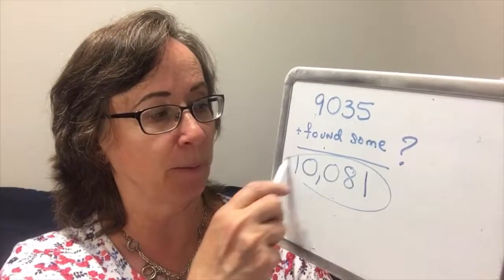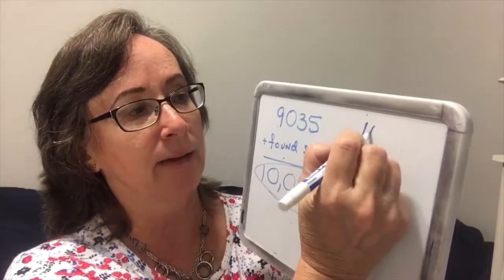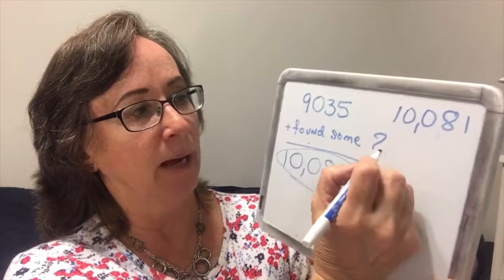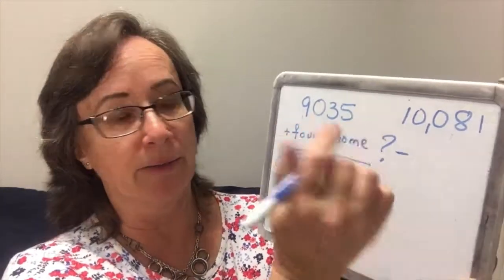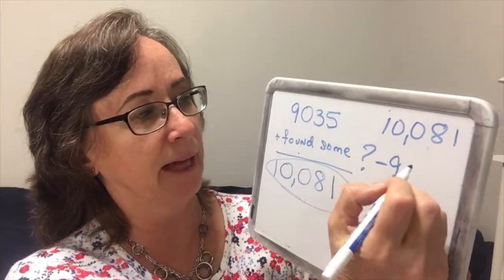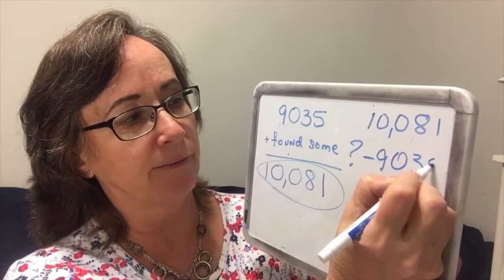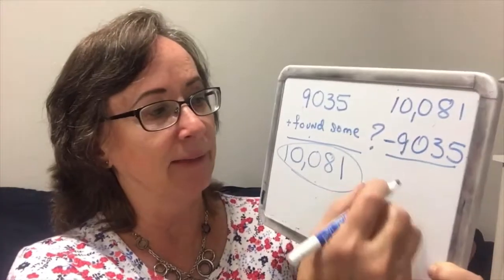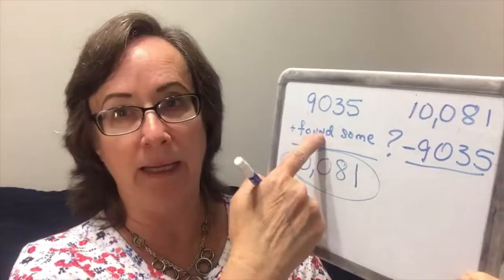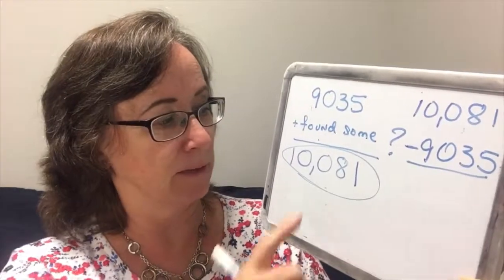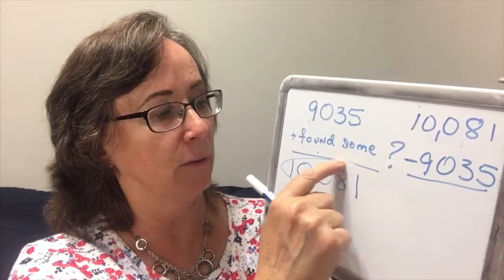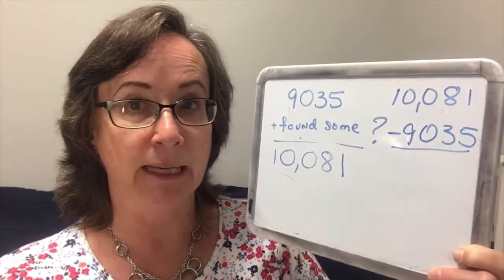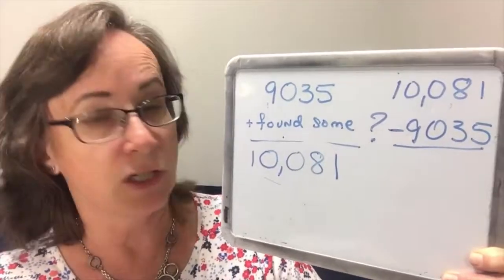So we'll start with our big number, 10,081, minus the only other number we have, 9,035 leaves us what? And this number here will be how many she found. Okay, so this one we knew. I don't know why I circled that one. This is the one we're looking for. How many more did she find?